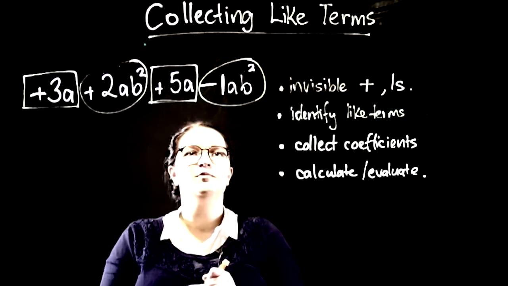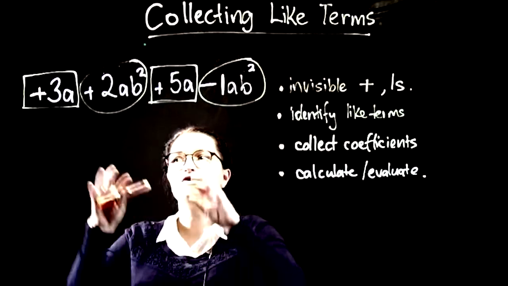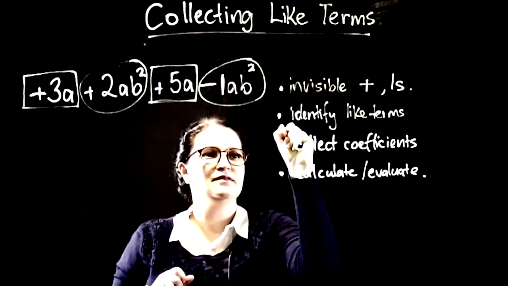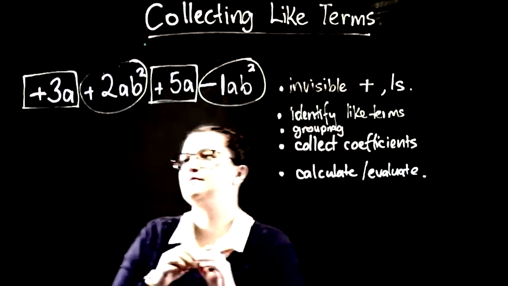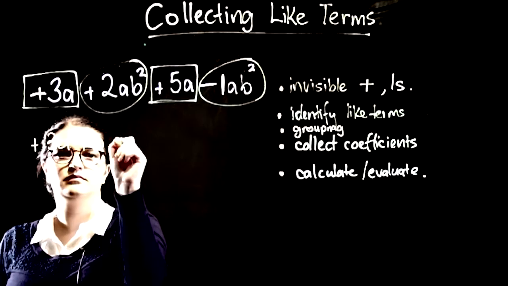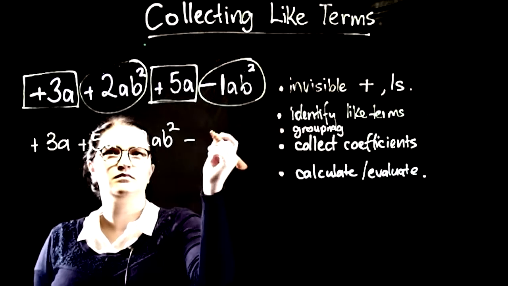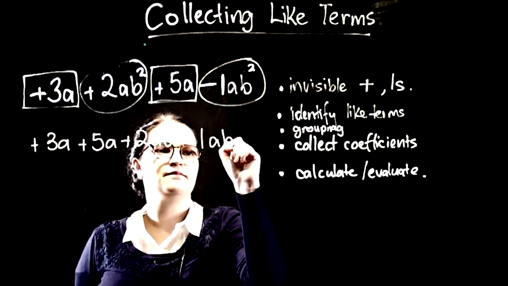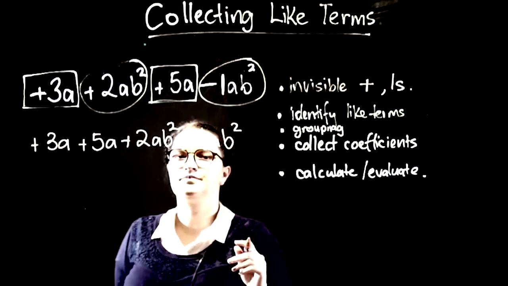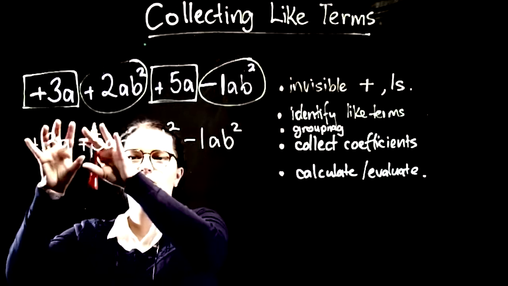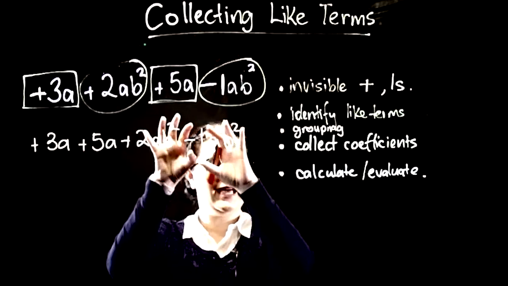So the next step is called grouping, where I group my like terms together. So I've written 3a plus 5a plus 2ab squared take 1ab squared. And now I've got all of my a parts together and I've got all of my ab squared terms together.